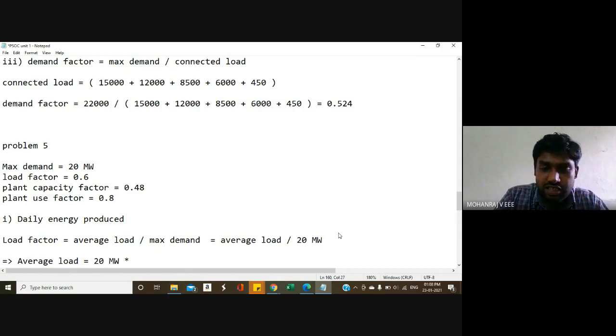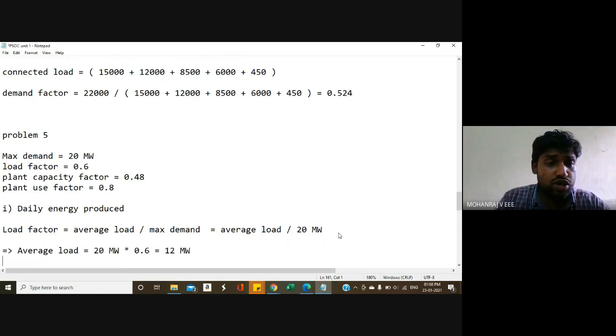What is my load factor? 0.6. So what is that equal to? 20 into 0.6, 12 megawatt. I have found my average load. Average load is equal to 12 megawatt. Good. That is fine.